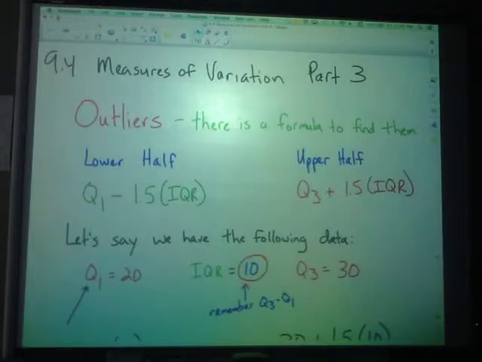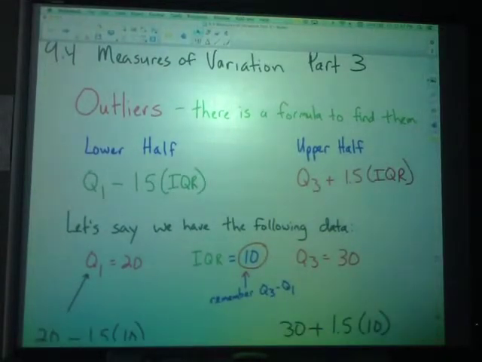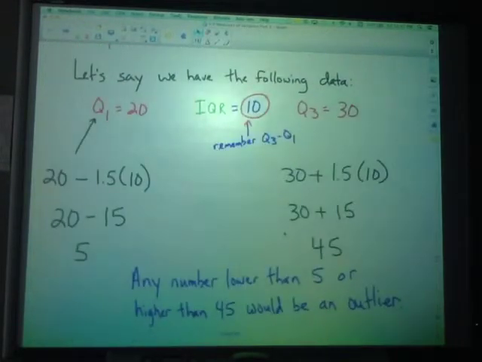So down below, let's say we have the following data. Okay, so let's say we have the following data. My first quartile is 20, okay? So I've determined that from a set of data that I have that I didn't really show.